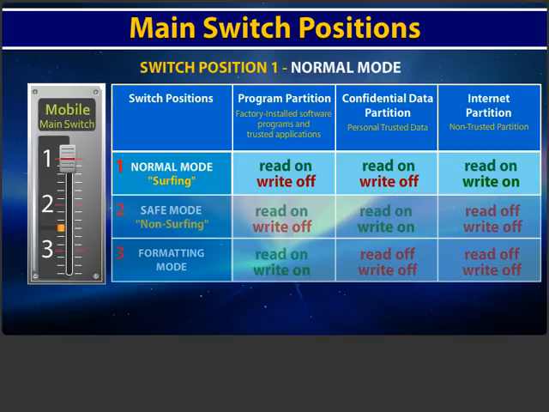Also at this position, a mobile phone is capable of saving all non-trusted data downloaded from the Internet on the Internet partition. Furthermore, all personal data, phone numbers, multimedia, and text files are safe and accessible because the confidential partition is in the read-only mode.